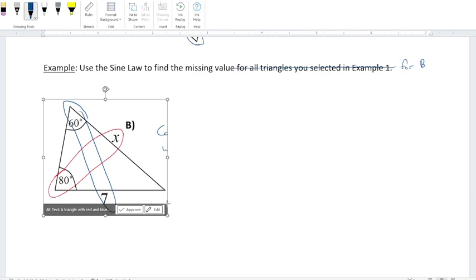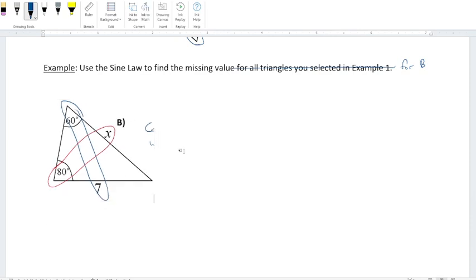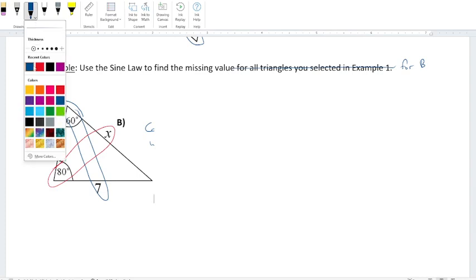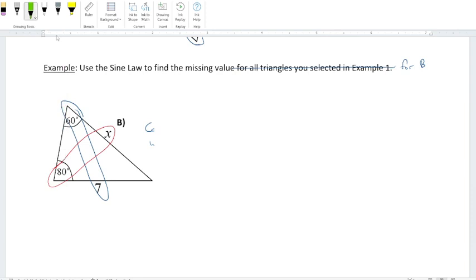So we set up our two loops. We just need to set up our proportion now. So let's start by labeling. Labeling is never a bad idea. It doesn't matter what's what. So I'm just going to do A, B, C. So A is opposite A, B is opposite B, C is opposite C.